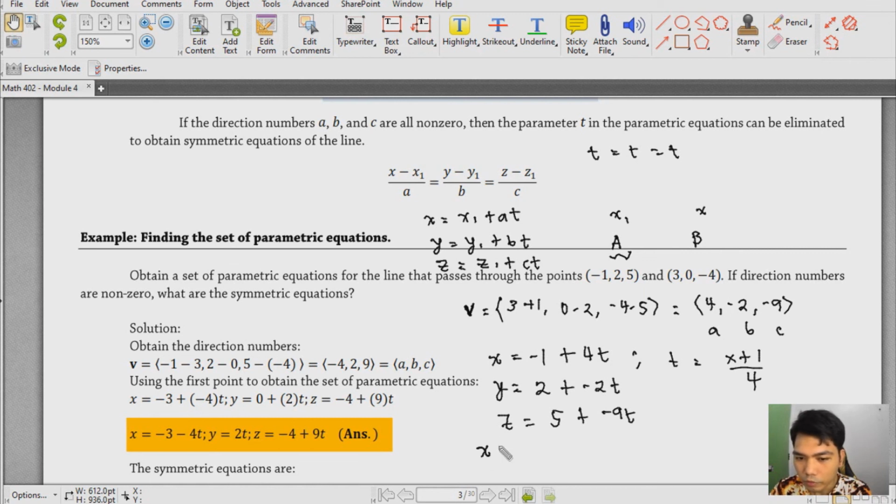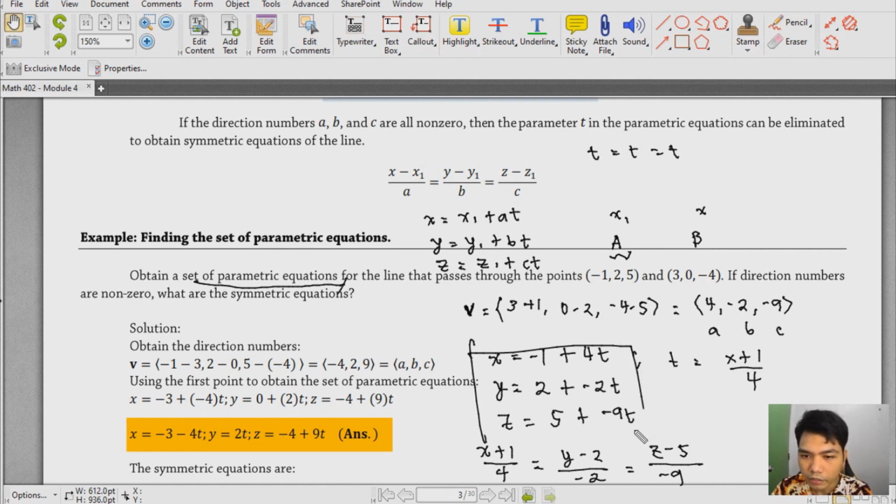So for the first one, we have x plus 1 over 4. This is equal to the t value for y. So that is y minus 2 all over negative 2. And this is equal to z minus 5 over negative 9. Okay, so these are the symmetric equations. Mayroon pala dito set of parametric equations. So ito pala yun. So these are the answers.